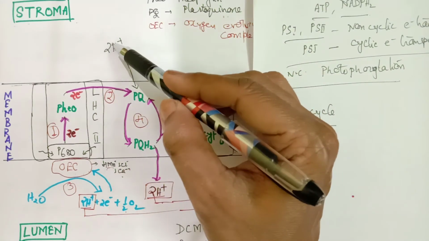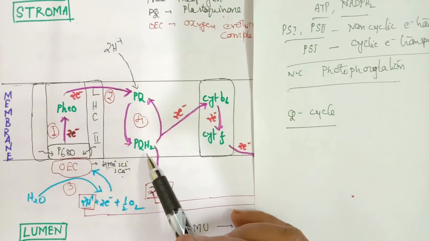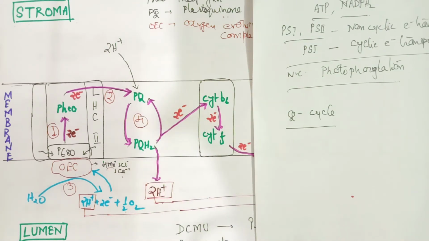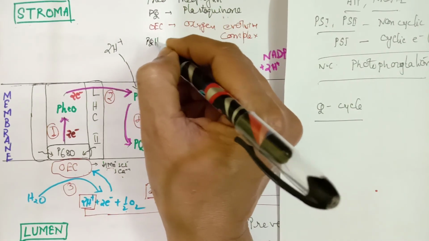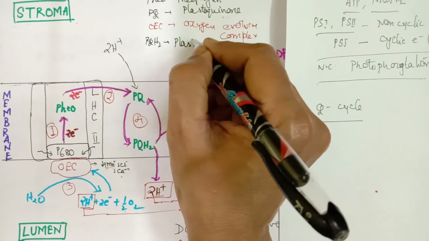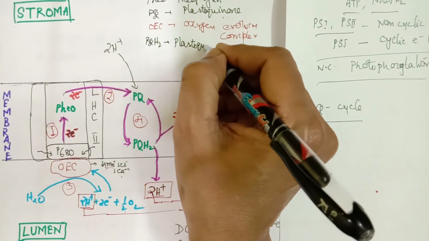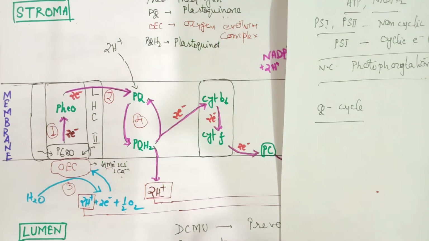It also accepts 2 protons from stroma region. It gets completely reduced to PQH2. So this PQH2, which is the reduced form of plastoquinone, is called plastoquinol.